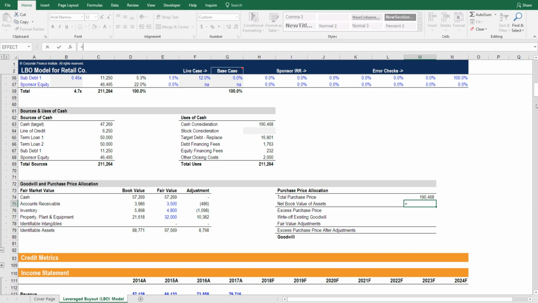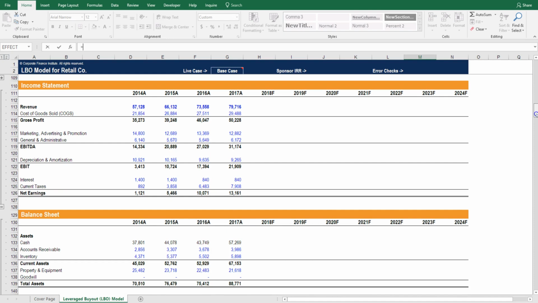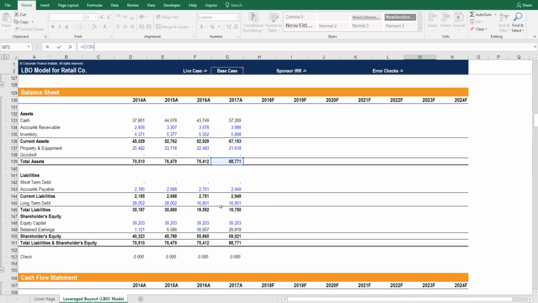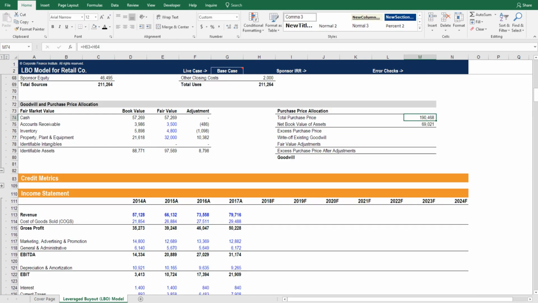The net book value of assets we can calculate straight from the balance sheet by taking the total assets and subtracting the total liabilities. So what we've got here is the total purchase price, which is an equity value for the business.